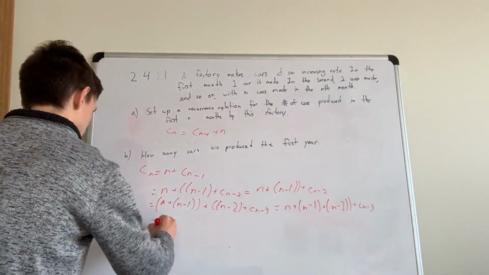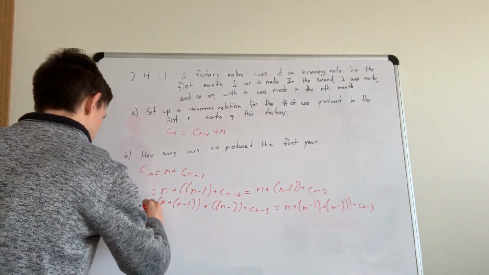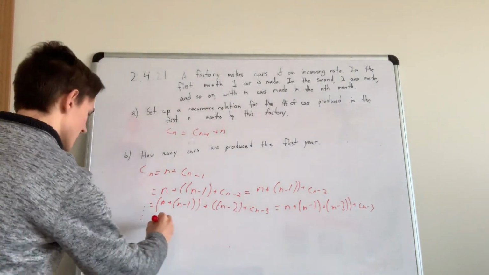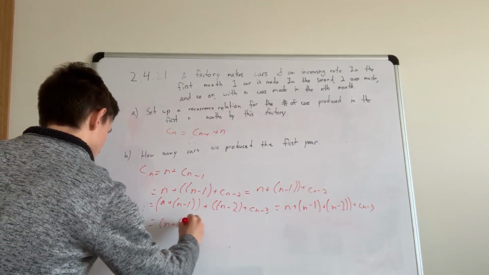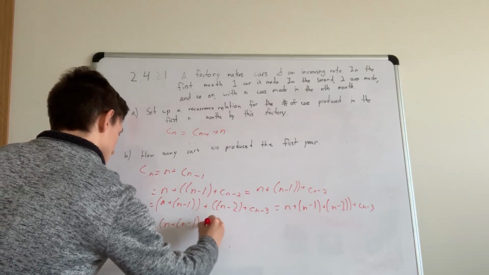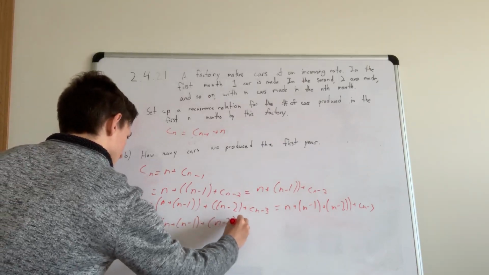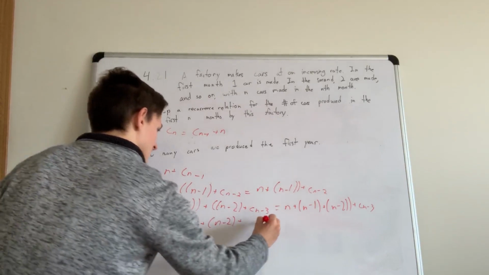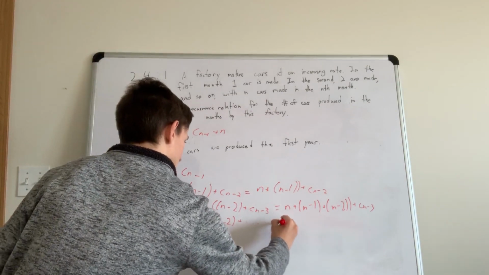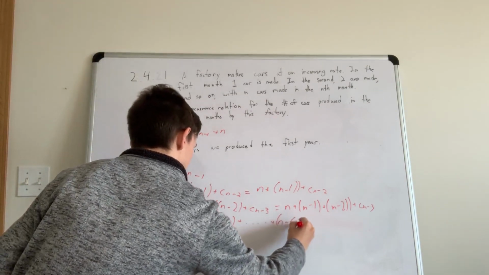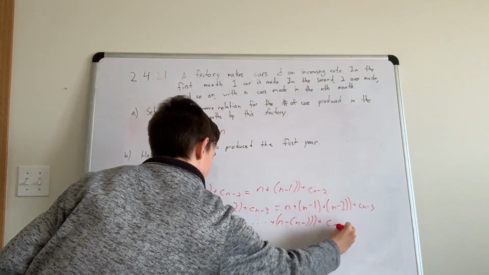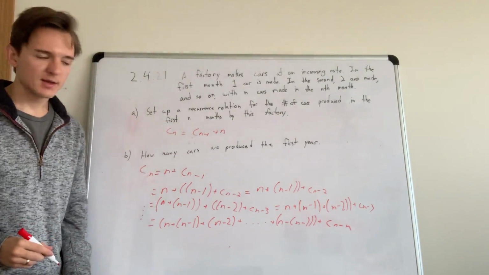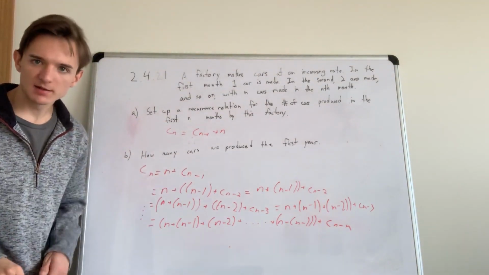So, skipping a few steps of course, that's equal to n plus n minus 1 plus n minus 2 plus ... up to and including n minus 1 plus C of n minus n. We replace C of n minus n with C of 0.